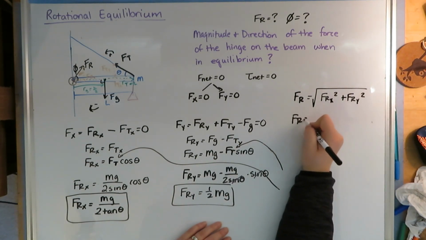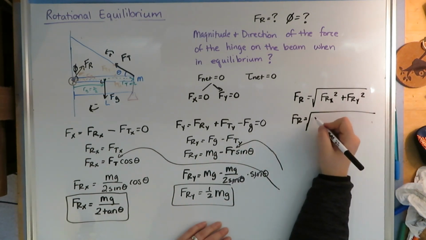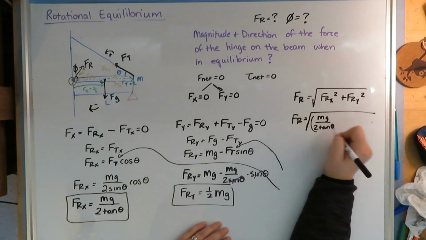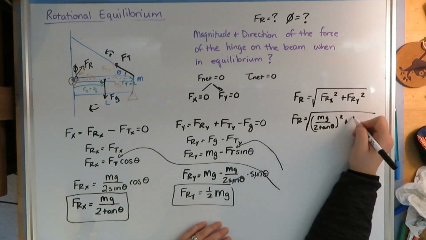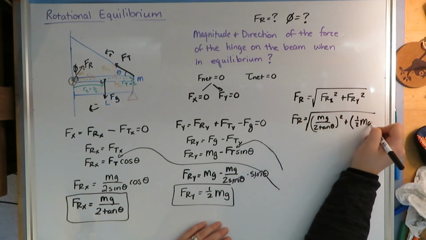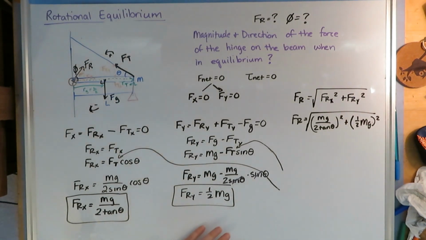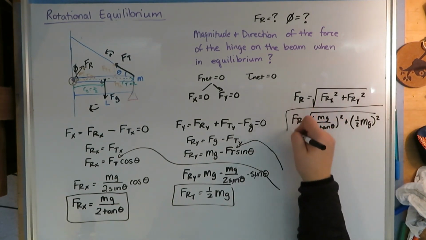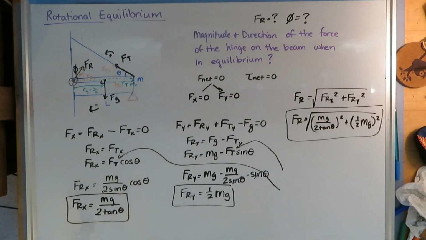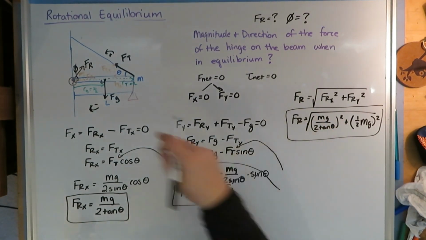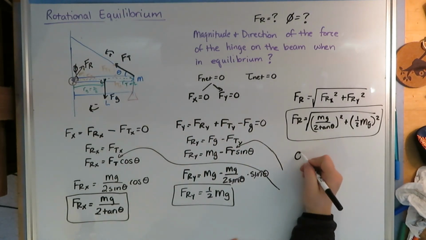So FR is going to be the square root of (mg over 2 tan theta) squared, plus (1/2 mg) squared. I'm not going to simplify that down, but this is the magnitude of FR.